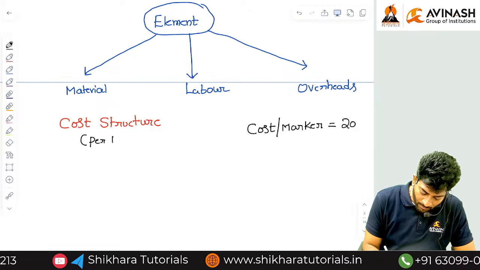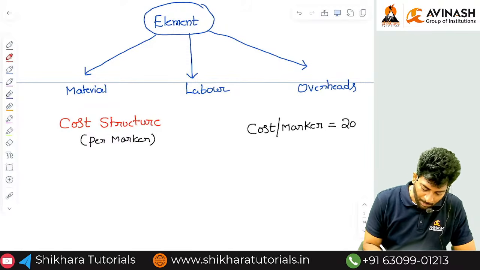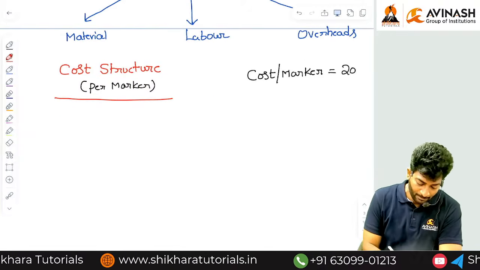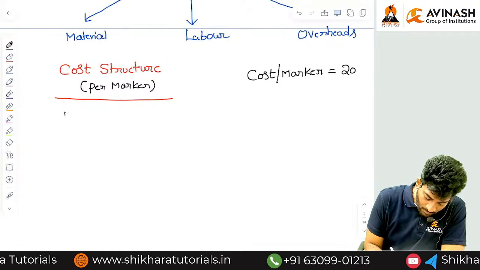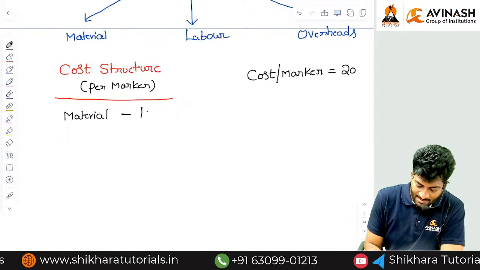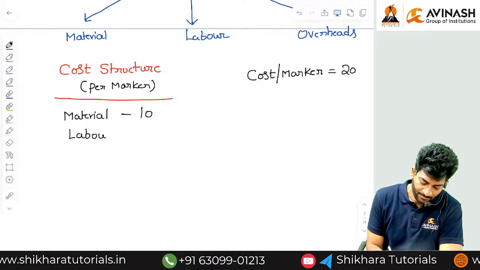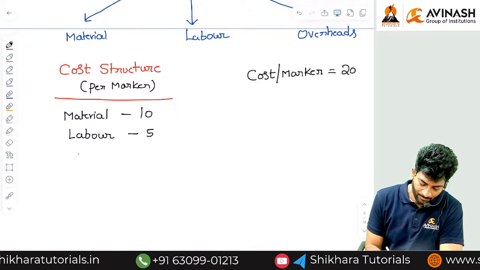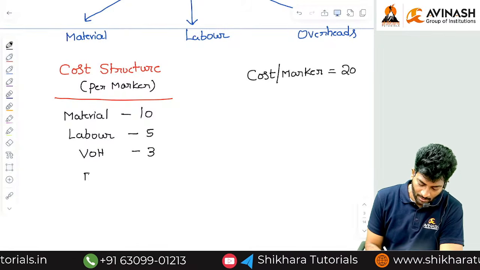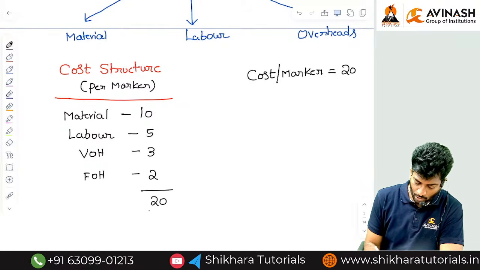Always, cost structure can be shown for one unit, like material 10 rupees, labor 5 rupees, variable overhead 3 rupees, fixed overhead 2 rupees, put together 20 rupees.